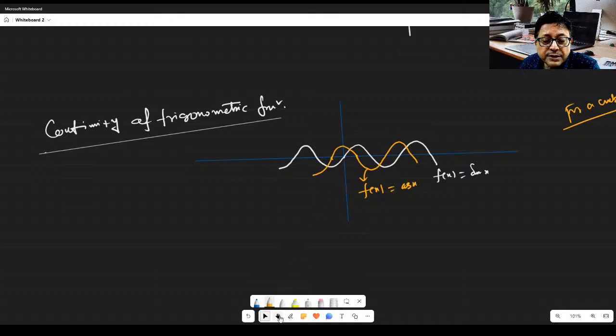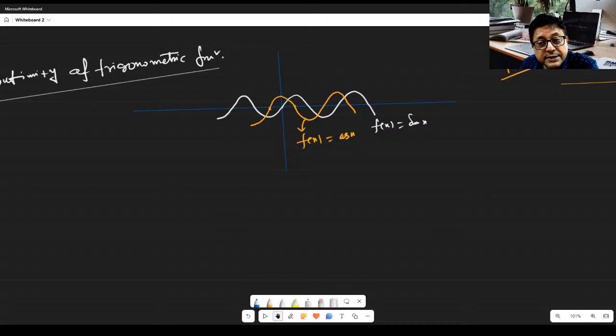Problem arises with tan x, cot x, sec x, cosec x. I am not going to draw all the graphs of function. You have already done in inverse trigonometric function. Before doing that, you have revised the graph. Just let me show you for tan x.